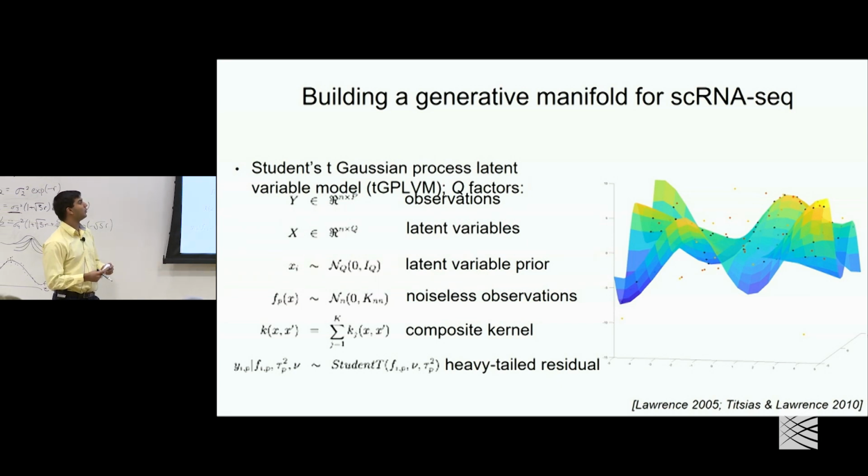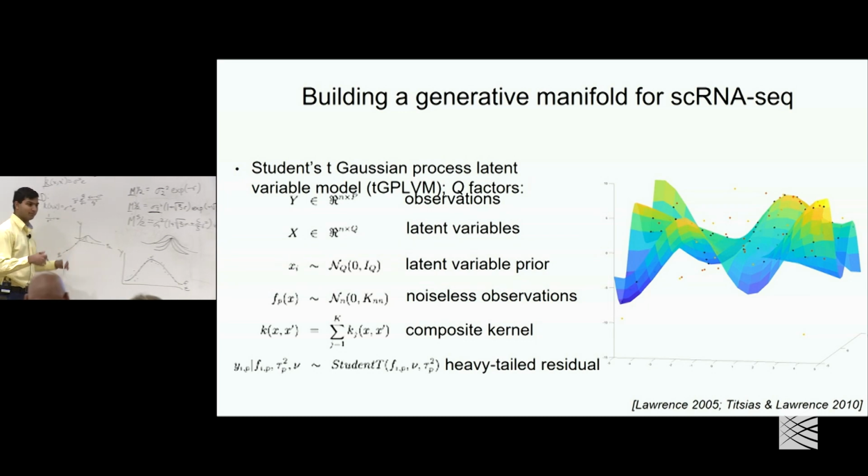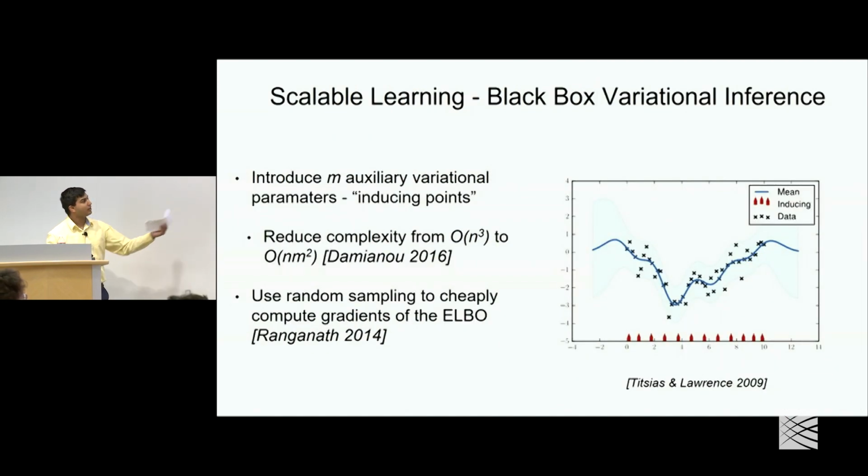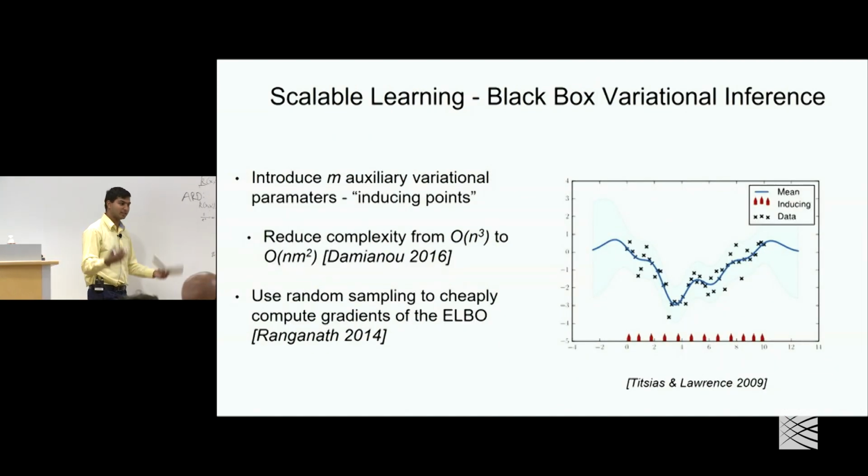We use variational inference, which uses inducing points. I'll give a quick explanation here. It's two slides from now, but I'll skip ahead because you guys are curious. We try to make this so we can learn it scalably.